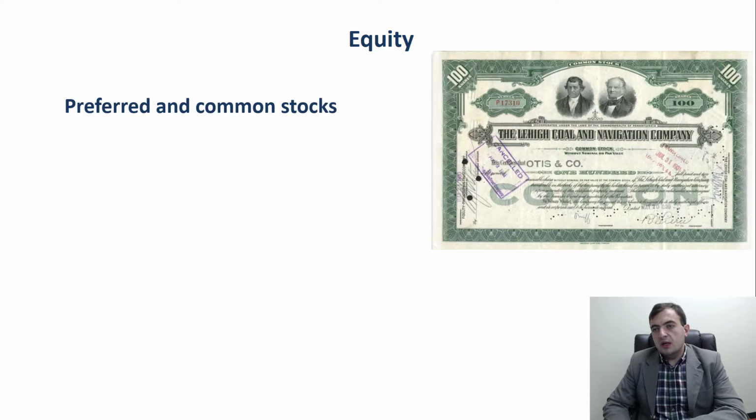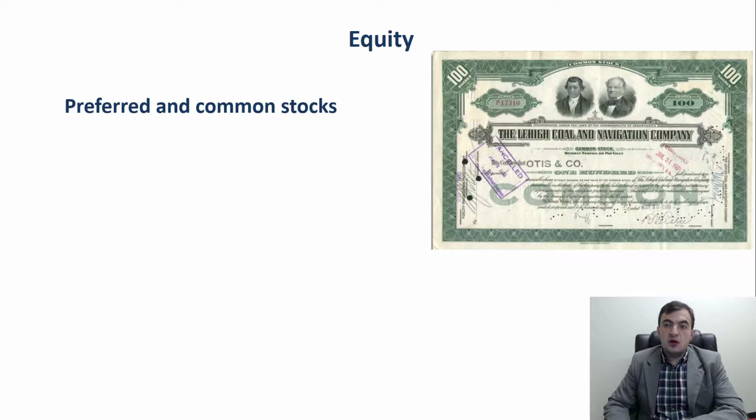And the other part in equity is preferred and common stocks. We want to see the proportion between preferred and common stocks. As you might know, common stocks provide rights to get dividends, to receive return from the investment, but also they provide rights to participate in the management of the company.